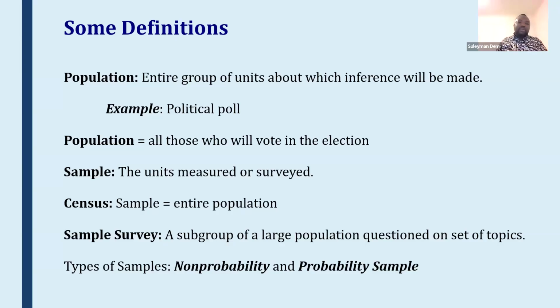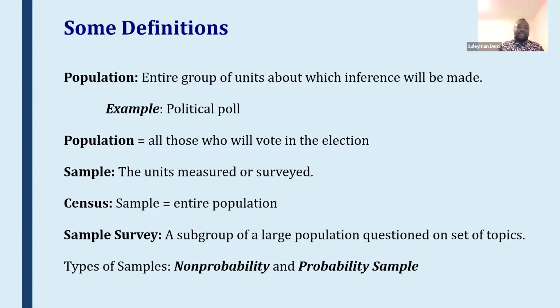Then we have what we call sample survey. As the name suggests, it is a subgroup of a large population asked questions on a set of topics. You can sample an individual and the person may decide not to take part in the study, so that person will not form part of the sample survey.